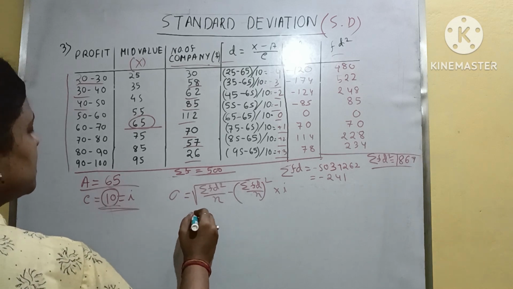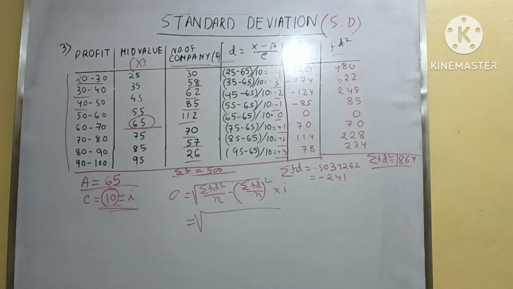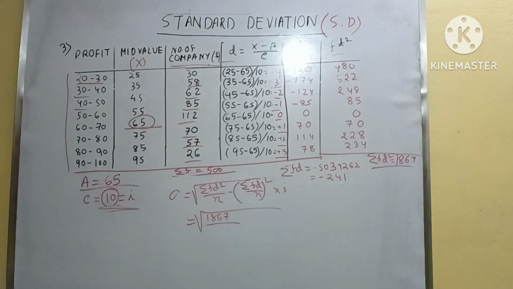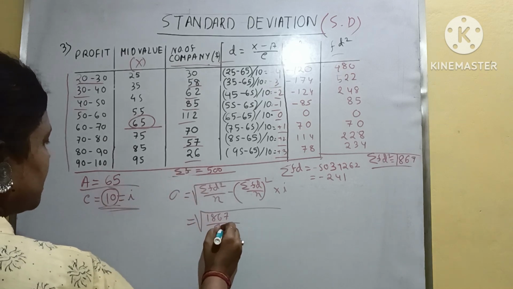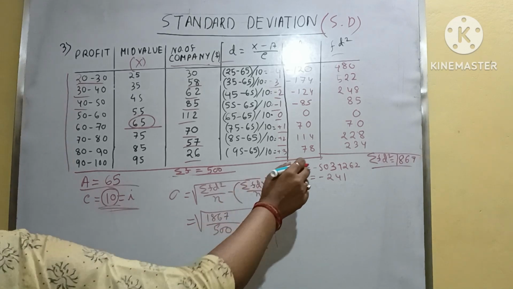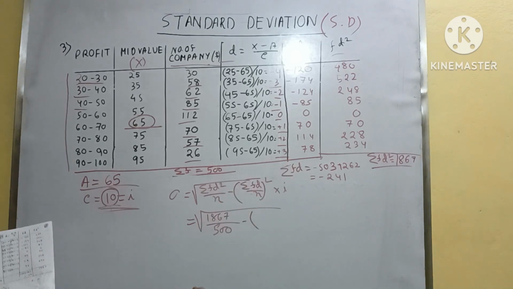Now sigma equals, just put the values. Summation of FD square is 1867 and N value is 500, minus summation of FD, which is 241.